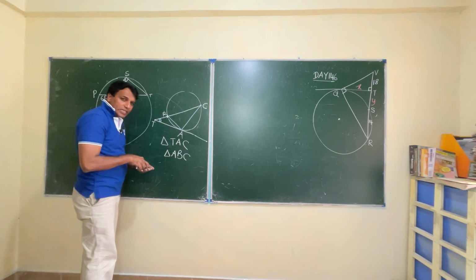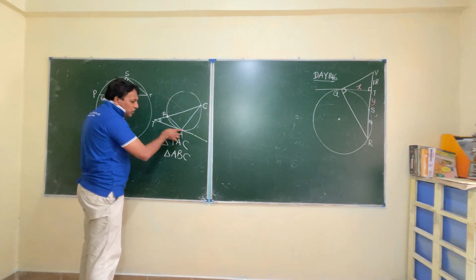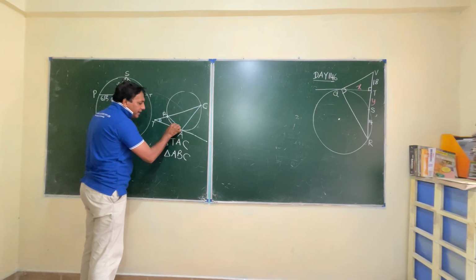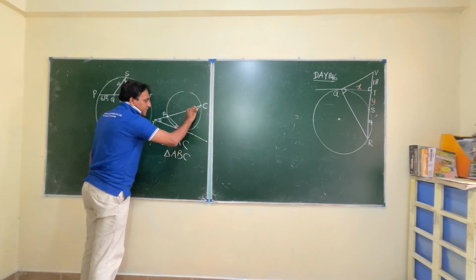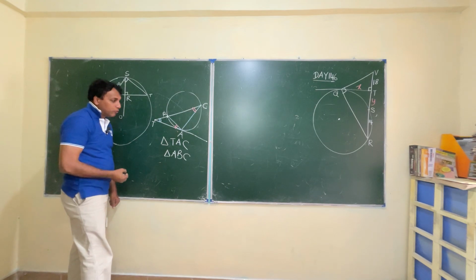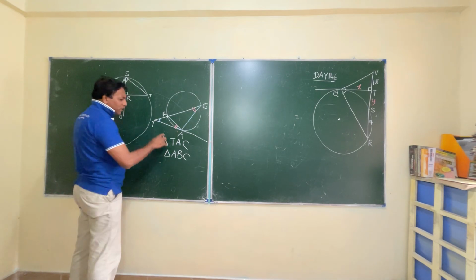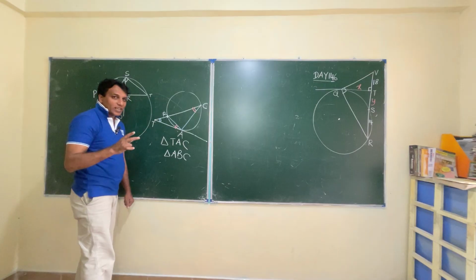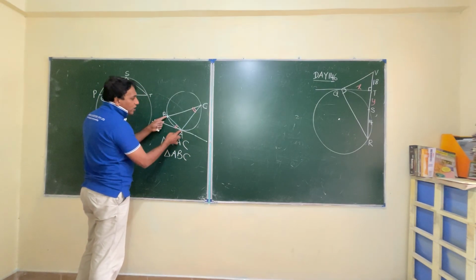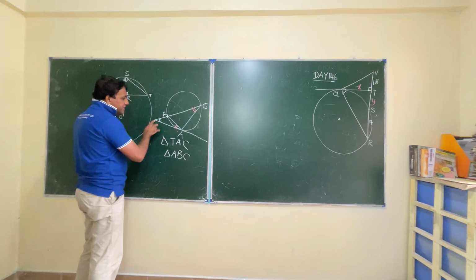So what angles are equal here? Tangent chord: this angle is equal to this, the alternate segment angle. Totally, tangent chord, this angle equals this angle, right?